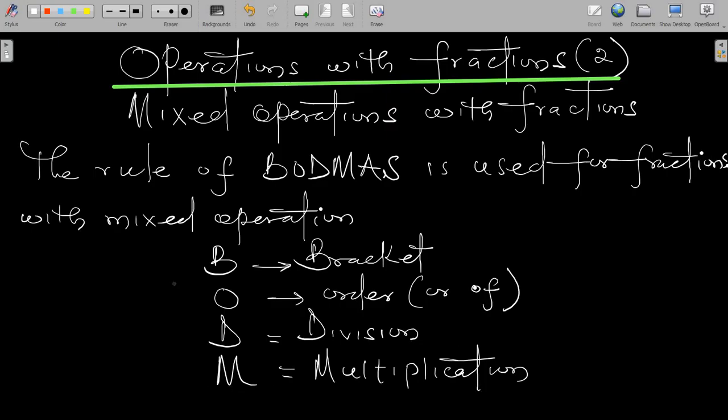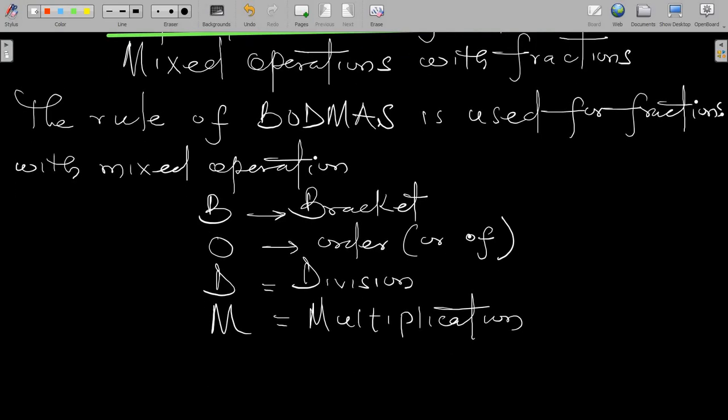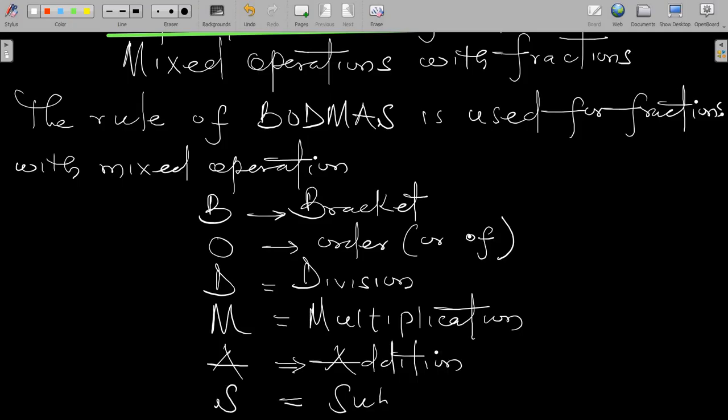Let me shift my board a bit up. The A there represents addition, while the S there represents subtraction. So that's the meaning of BODMAS.